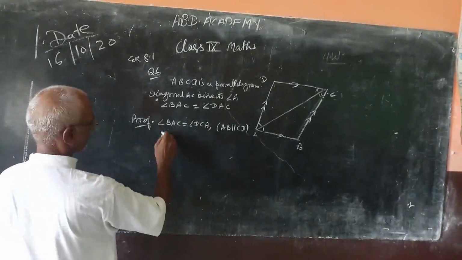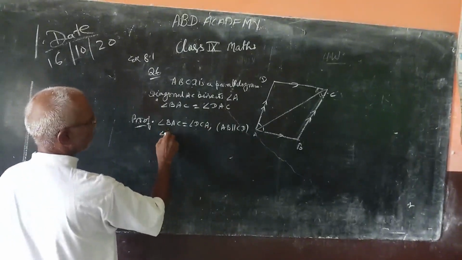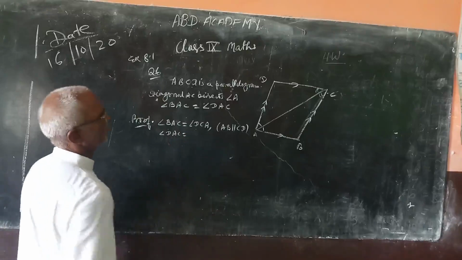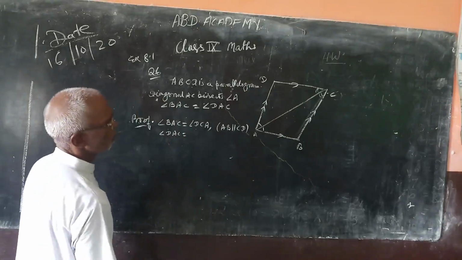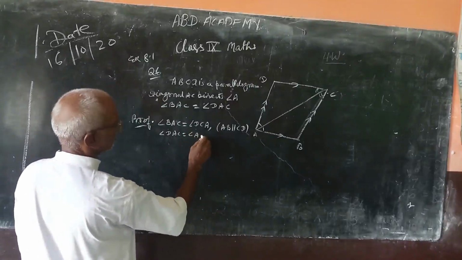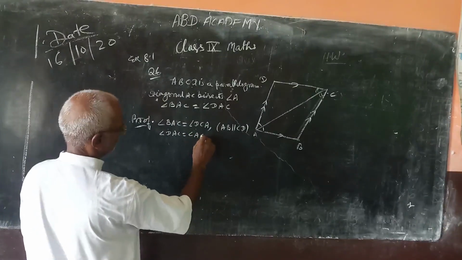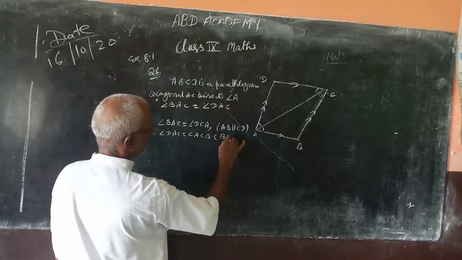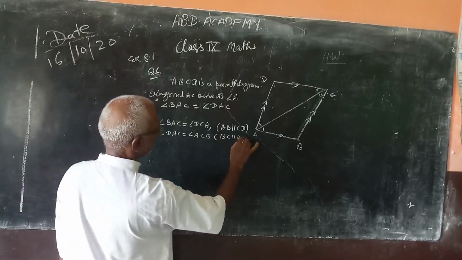Similarly, angle DAC will be equal to angle ACB, because BC is parallel to AD.